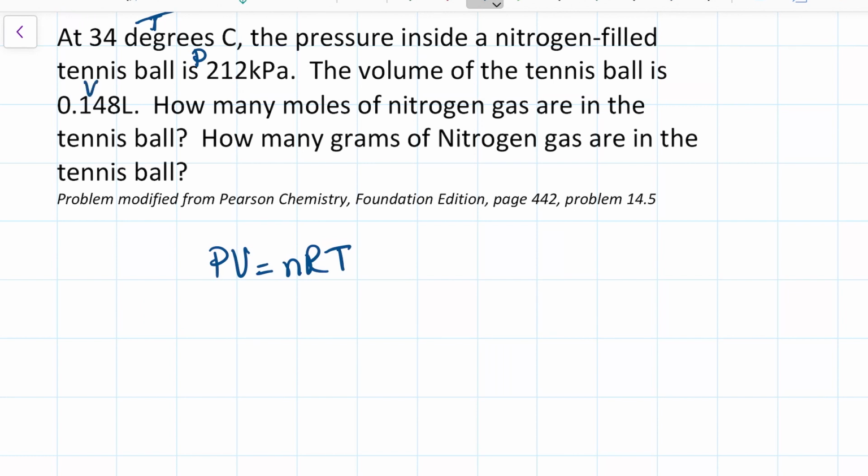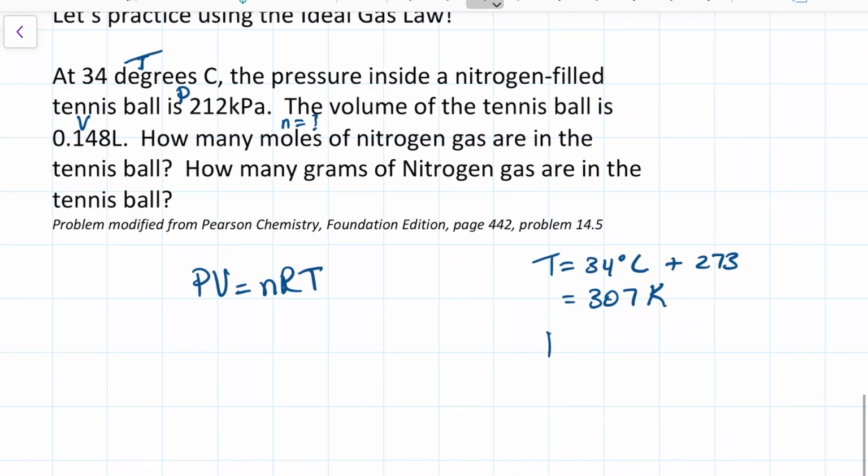The volume of the tennis ball is 0.148 liters. How many moles of nitrogen gas are in the tennis ball? How many grams of nitrogen gas are in the tennis ball? Okay, so I have 34 degrees Celsius as my temperature. I know I can't use degrees C, so I'm going to add 273. And when I add 273, I get 307 Kelvin.